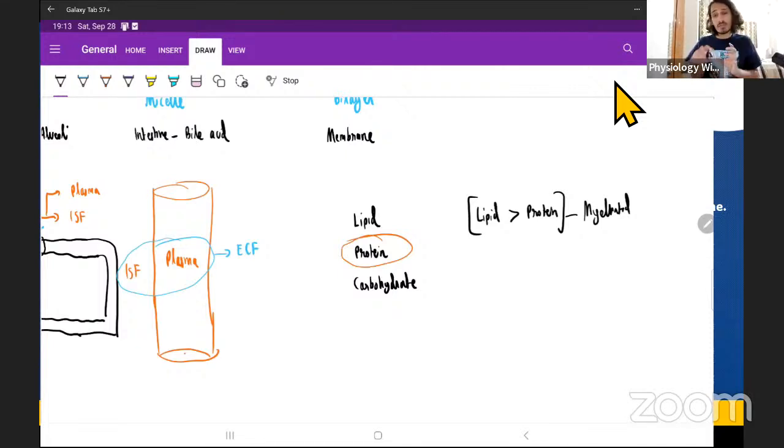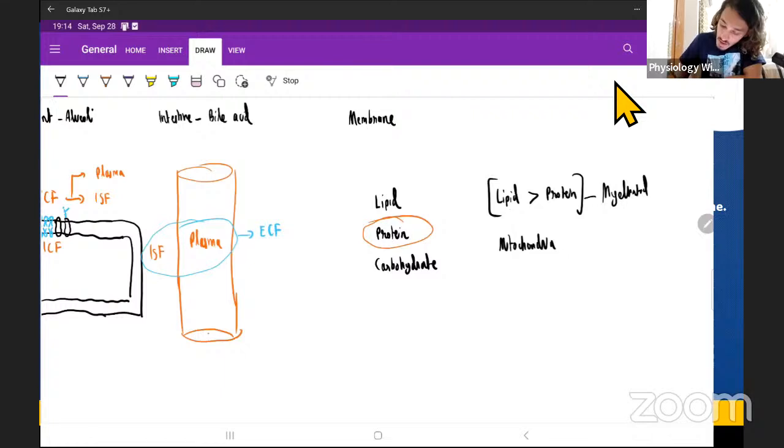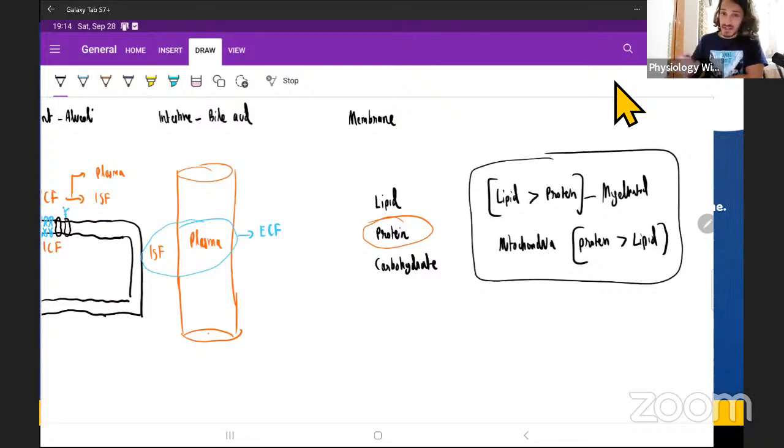Now, one type of cell where protein is much more than lipid is your mitochondria. So mitochondria has more protein than lipid. So you have your concentration percentage, and some MCQs can come from this. Myelinated cells generally have higher lipid to protein.